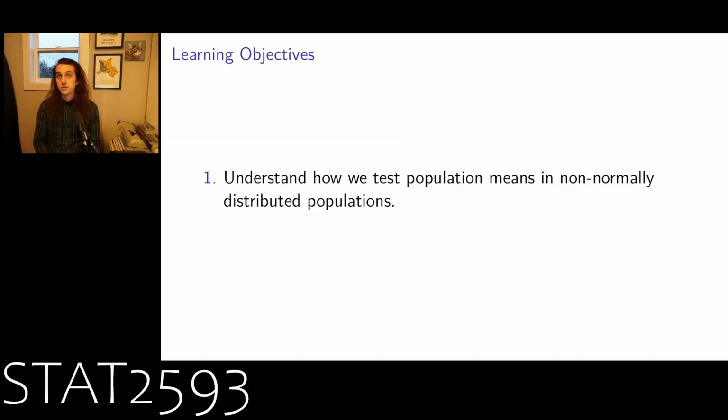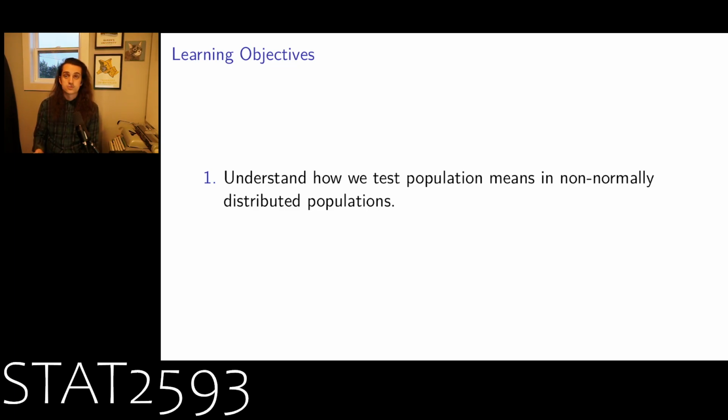Specifically, today we're going to be looking at how we test population means in non-normally distributed populations, or when we have a normal distribution with an unknown variance. Those were the situations where we thought about the t-distribution coming up in terms of confidence intervals.